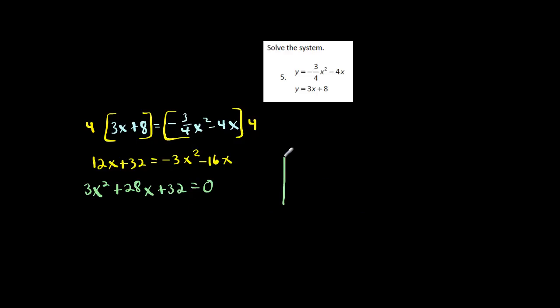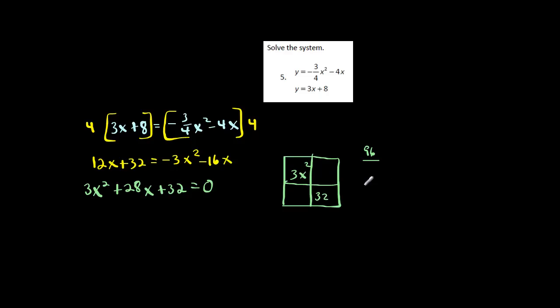If we use the box method here, we'll have 3x squared here, 32 there. Our AC is 96. But we know that they're going to be the same sign, both of which is positive, so we're going to have a sum of 28.